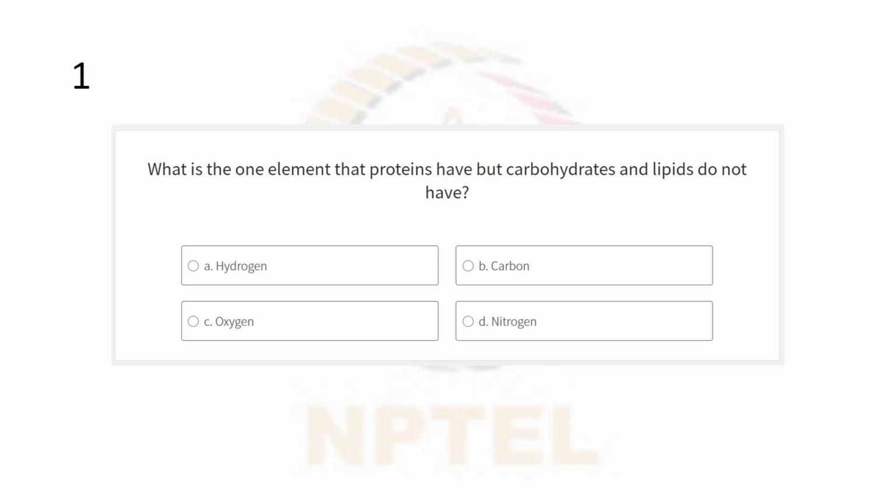Along with the answers, can anyone mention in what form proteins have the missing one? What is the compound?